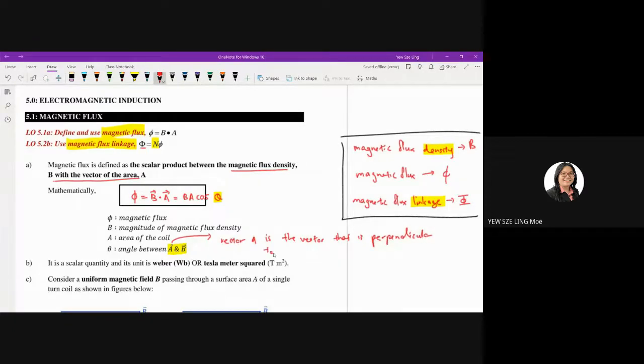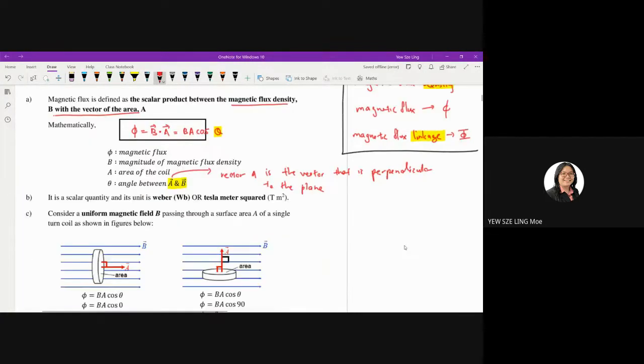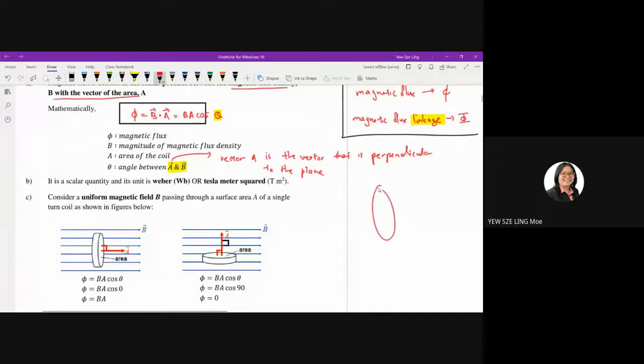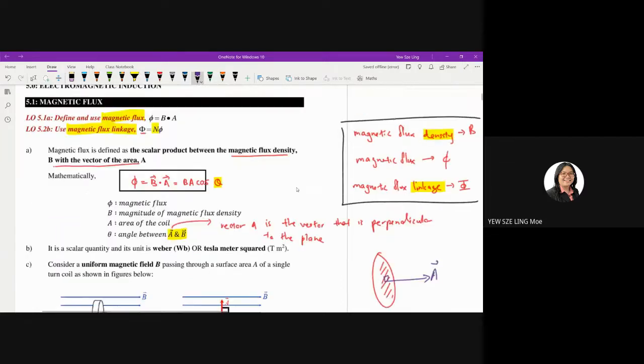If you have a coil, for instance, this is the cross-sectional area. Vector A is the vector that is perpendicular to it. So this is your vector A, perpendicular to the surface area.